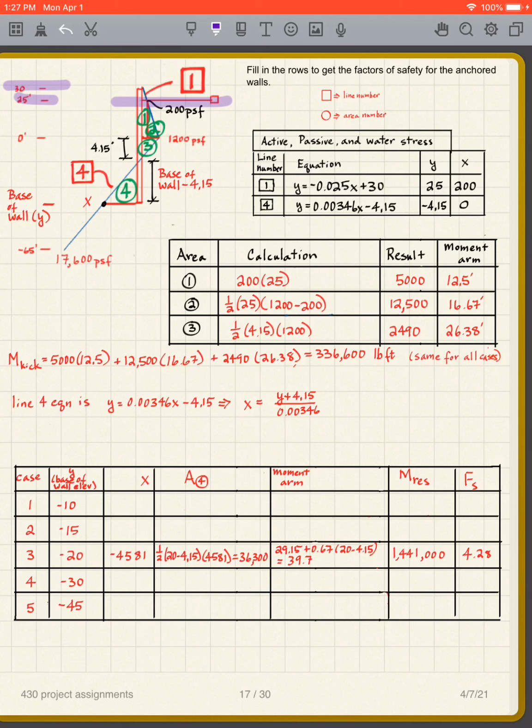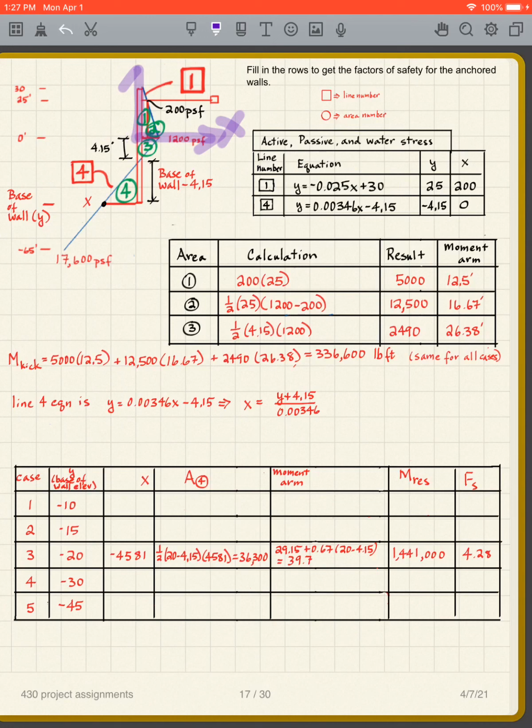So the wall's at 30 feet at the top. The anchor is at 25. So it's 5 feet down from the top. And remember, our coordinate system is set here at the ground surface. So we're taking this as being x, this as being y, and there is my origin right there.